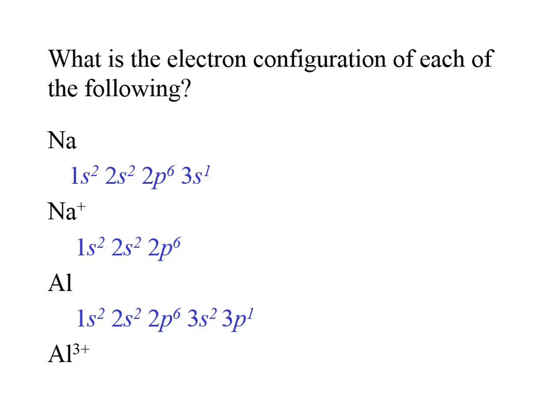And I told you that aluminum and gallium, anyway, are going to form a +3 cation. The 3 electrons that are going to go are right here. So we could write the electron configuration of the aluminum +3 cation, and it would be 1s2, 2s2, 2p6.